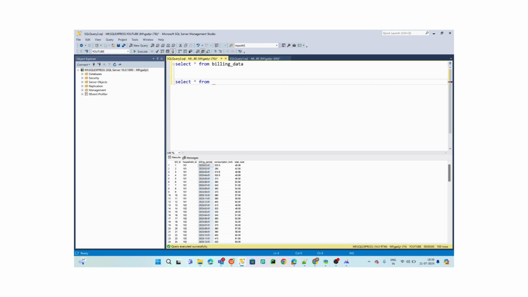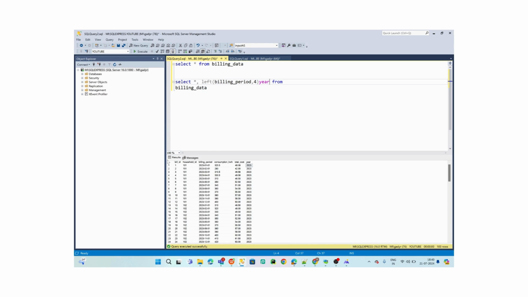So directly what I can do is use LEFT of my billing period, from my table. So what it is displaying? It is displaying the year from that date. So I'm fetching the year by using this particular formula. Now we got the year.